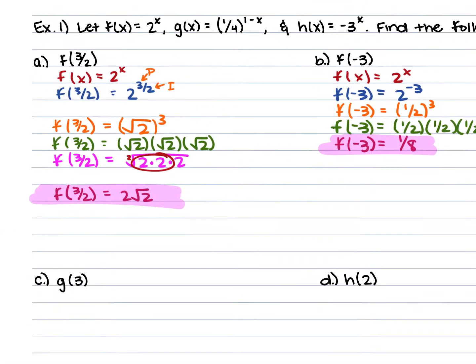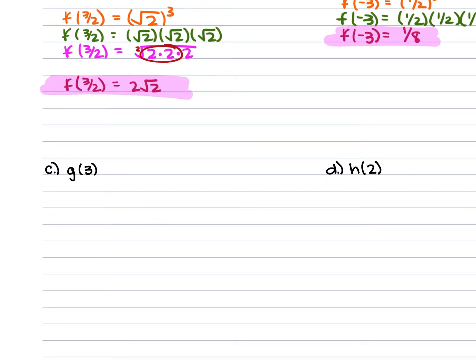For example C, we're doing g of 3. So we said that g of x is equal to 1/4 to the power of 1 minus x. So this is going to just give us g of 3 is equal to 1/4 to the power of 1 minus 3. 1 minus 3 is negative 2.